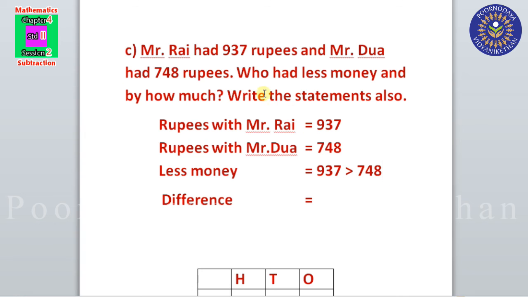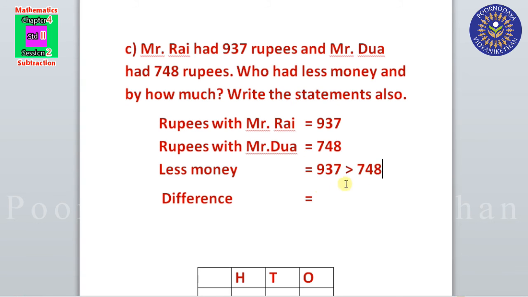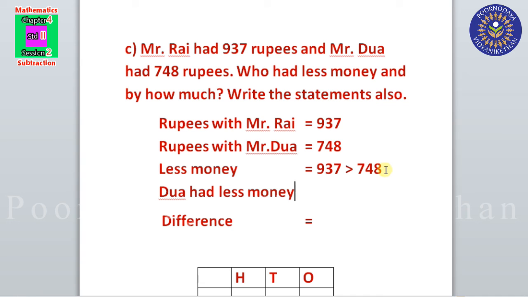So, we can say who had less money? Yes, Dua had less money. Here you can write Dua had less money.